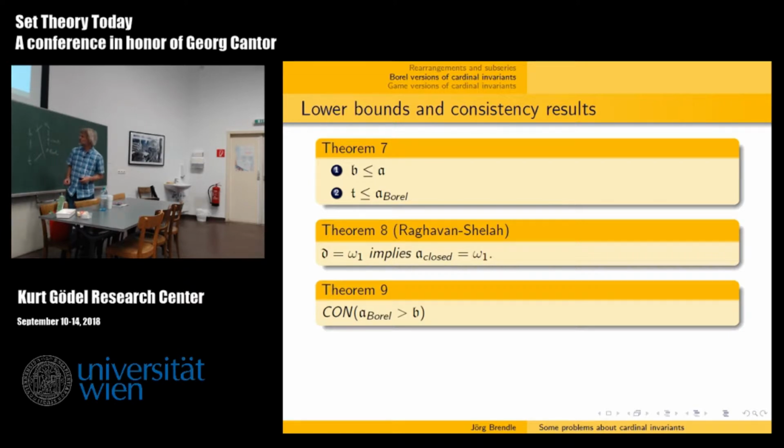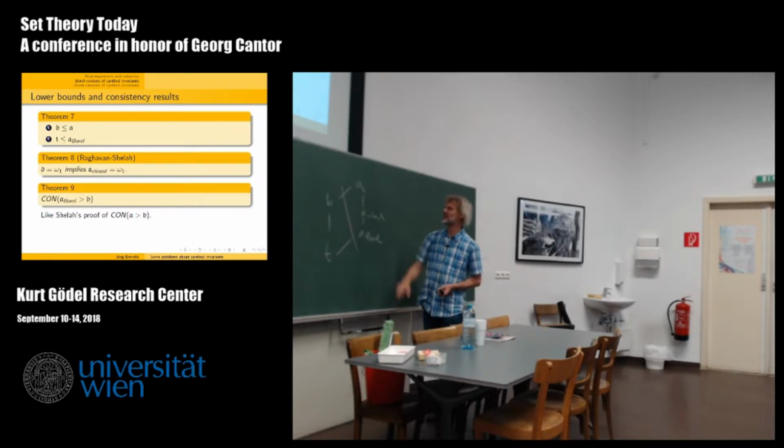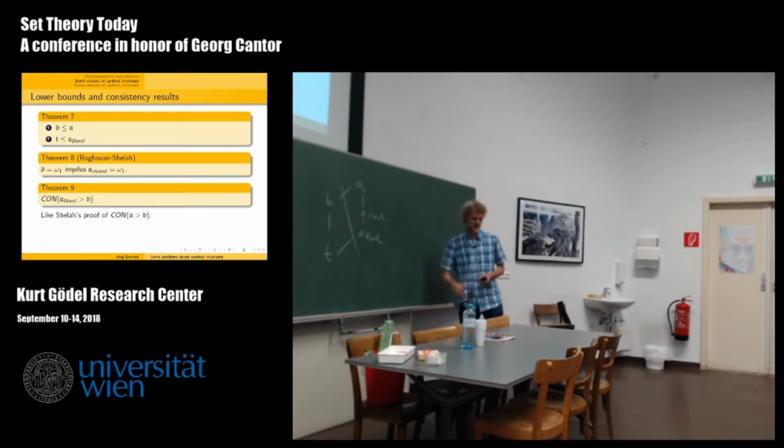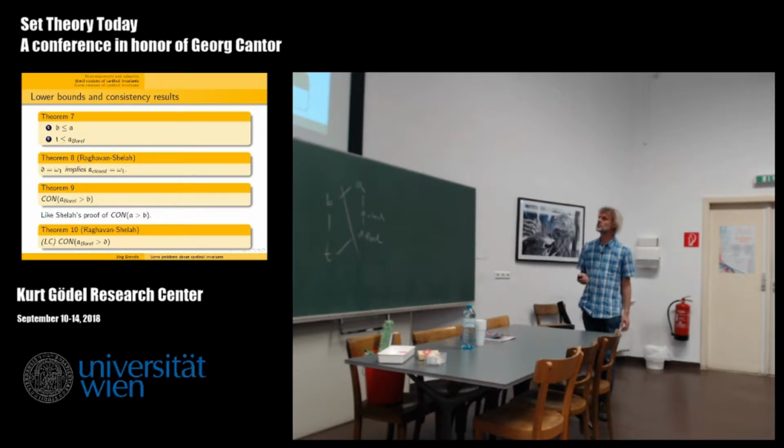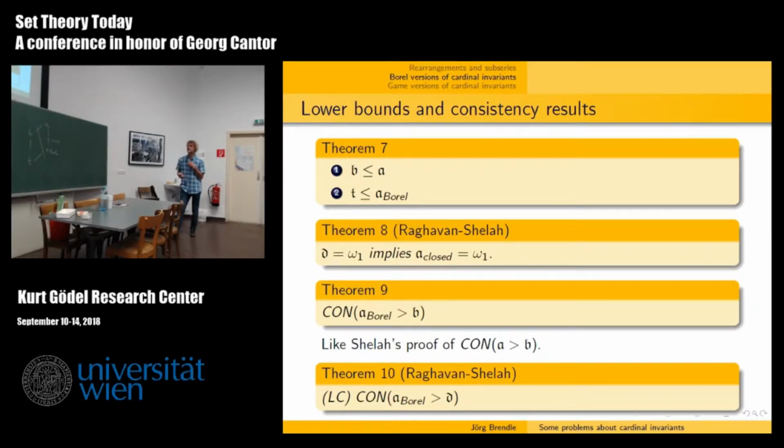And this is done by, like Shelah's proof for the consistency. Shelah proved the consistency of A bigger than B, like many years ago in the 80s. Modifying this, we also get that one. So that's not so difficult. A deeper result by Raghavan and Shelah is the consistency of A Borel bigger than D. Here, this has some large cardinals, so this involves large cardinals, I think.